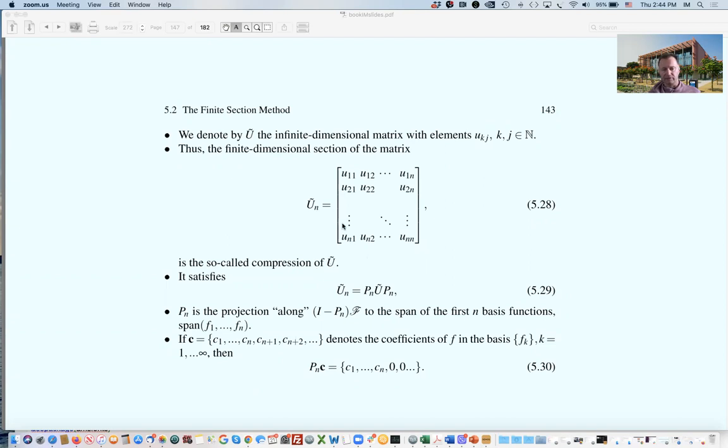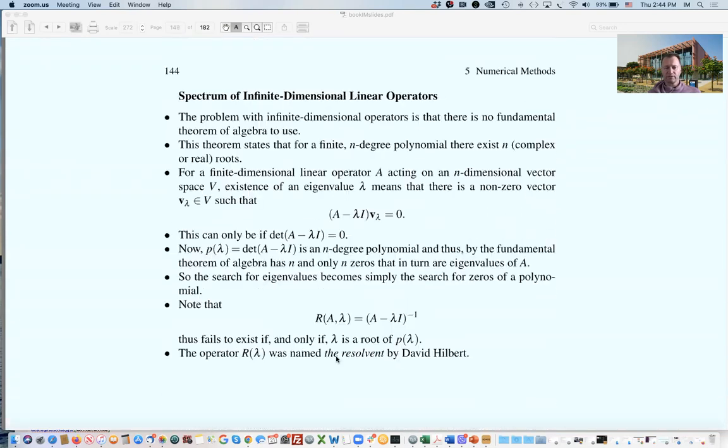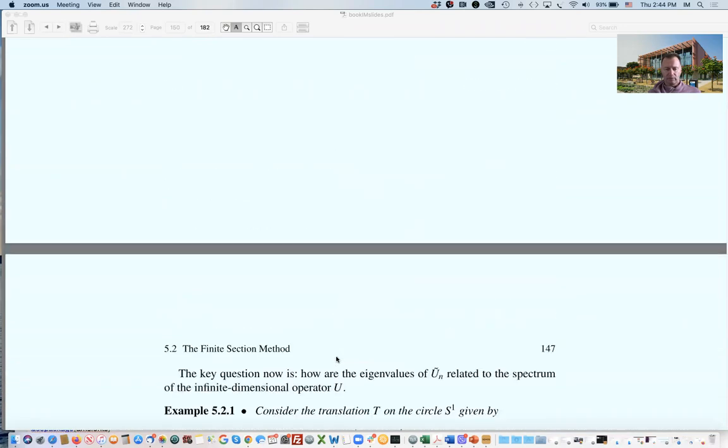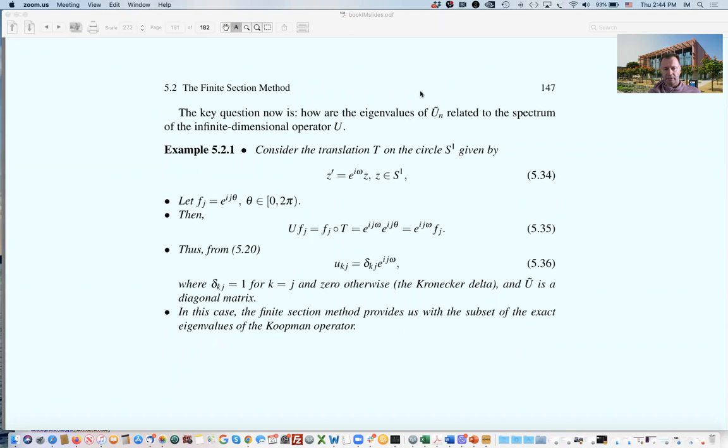This is the matrix representation, and the finite section is obtained by restricting U tilde to the first n rows and columns, corresponding to the first n functions in our basis functions, the span of f1 to fn.